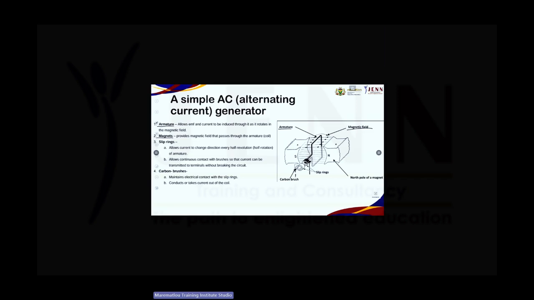And then with this one specifically, because we are working with the AC generator, we have slip rings. The slip rings allow the current to change direction every half revolution or half rotation of the armature, and they also allow contact with the brushes so that the current can be transmitted to terminals without breaking the circuit.